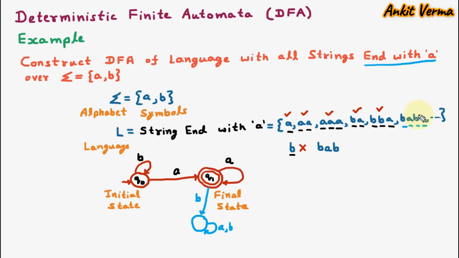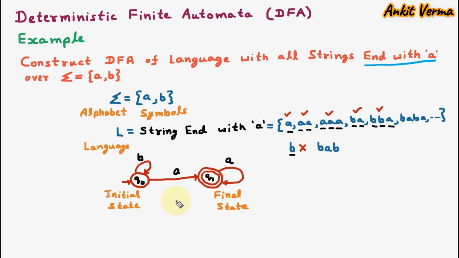But this is wrong. This string is part of the language and it should be accepted. It means by simply seeing B on state Q1, we should not move to the dead state. There may be a chance that A will come further.